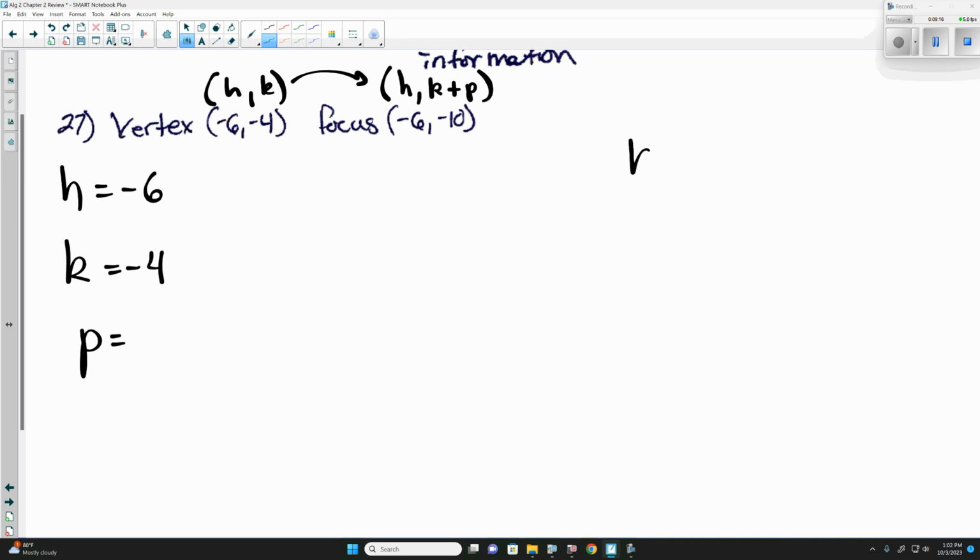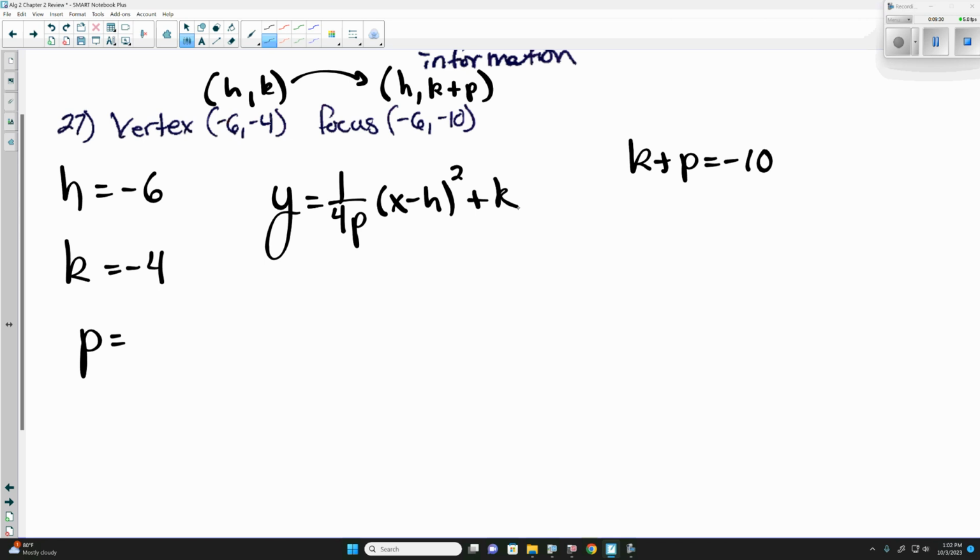So that tells us two things. One, that k plus p is -10. And our equation is what? y equals 1/4p times (x minus h) squared plus k. Because it would be y equals 1/4p x squared if the vertex was 0, 0.